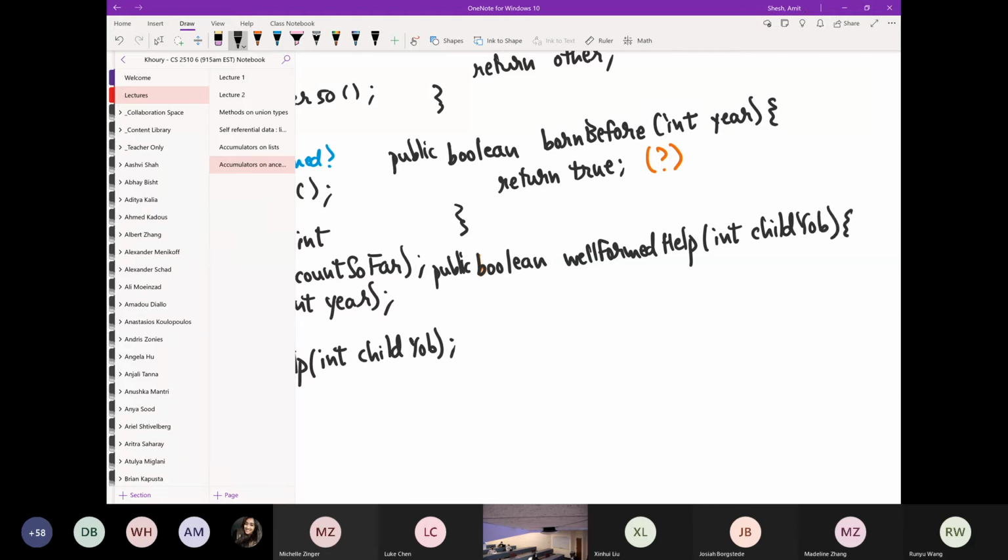Given that this is the year of birth of my child, am I well-formed? Well, I am unknown, so trivially, I am well-formed. Okay? This one better aligns with its purpose than the one before it, the born before.